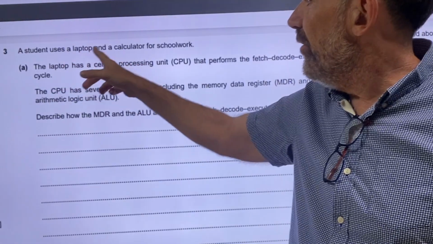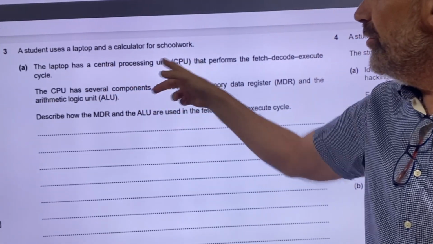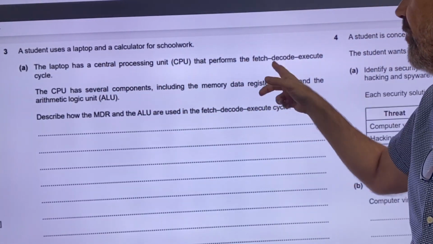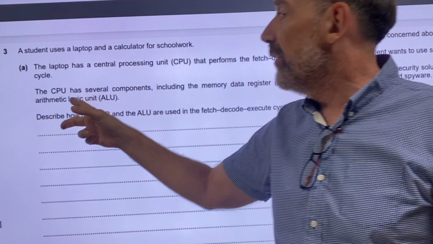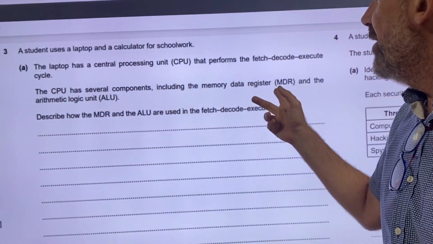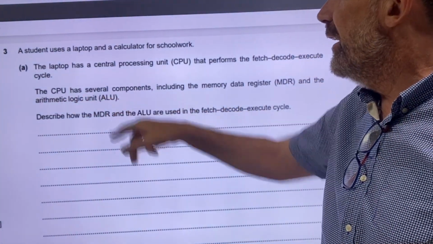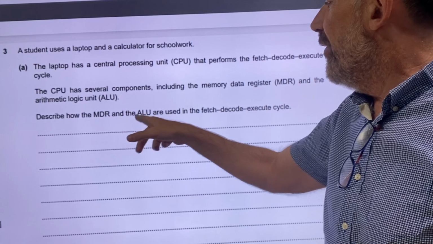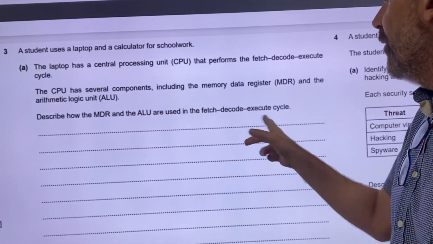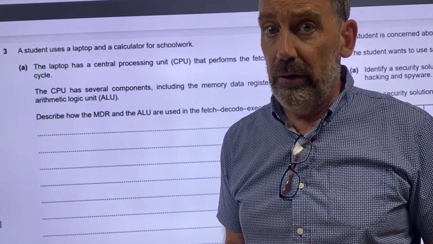A student uses a laptop and a calculator for schoolwork. The laptop has a CPU, a central processing unit, that performs the fetch, decode, execute cycle. The CPU has several components, including the memory data register, the MDR, and the arithmetic logic unit, the ALU. Describe how the MDR and the ALU are used in the fetch, decode, execute cycle. What does the MDR do, first of all?